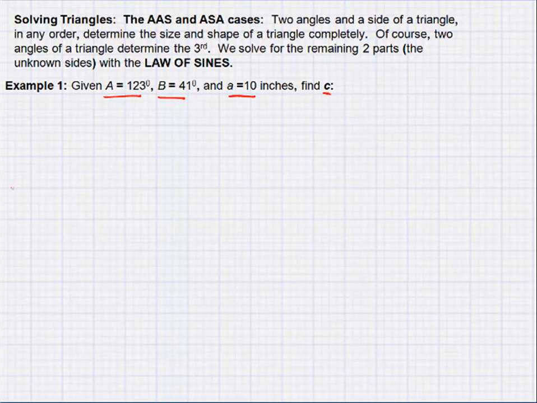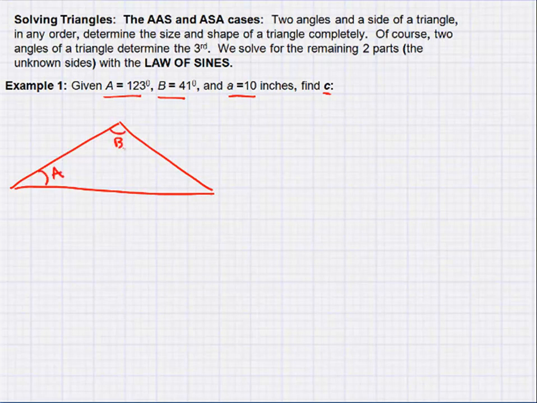So what I would suggest you do first is to draw some random triangle. It doesn't have to be drawn to scale accurately. Just draw a random oblique triangle. Label your angles. It doesn't matter how you do that. A, B, C. Now how I label my angles affects the way I label my sides. That's the only important part here.